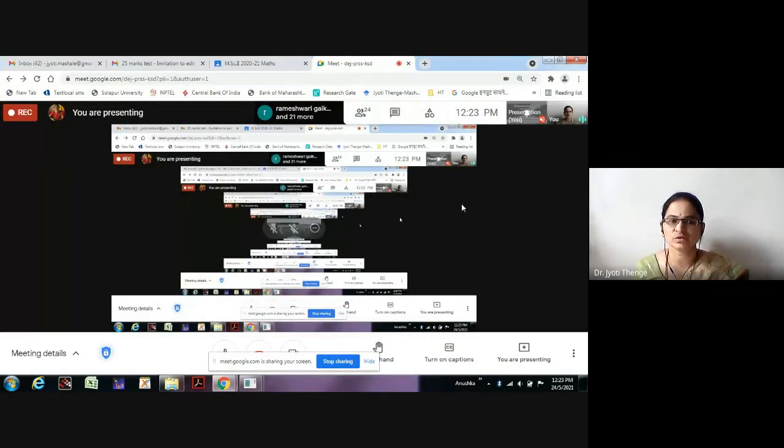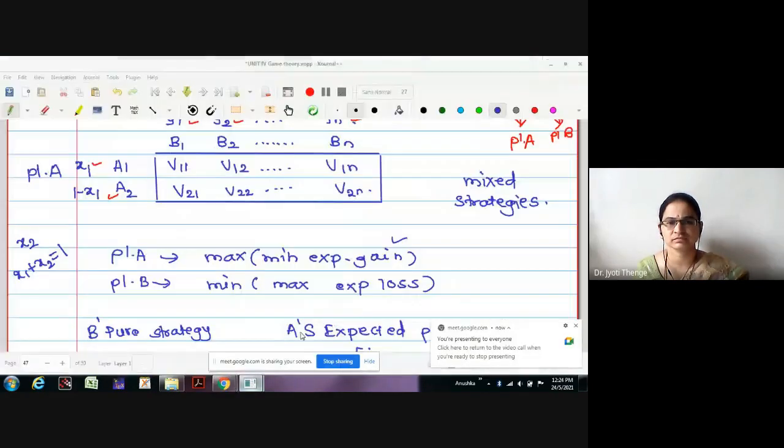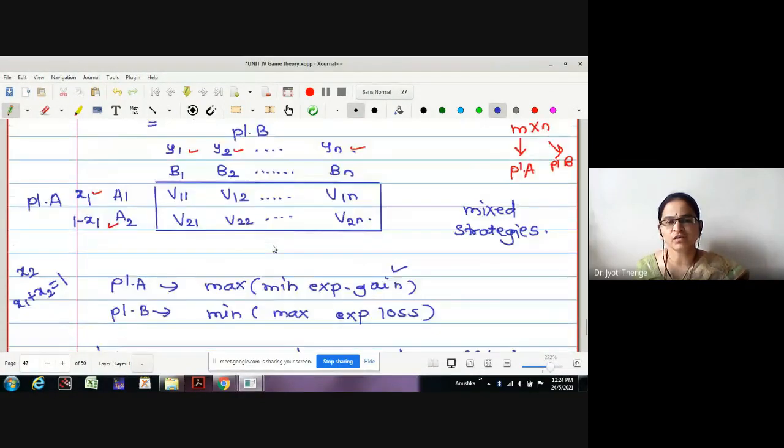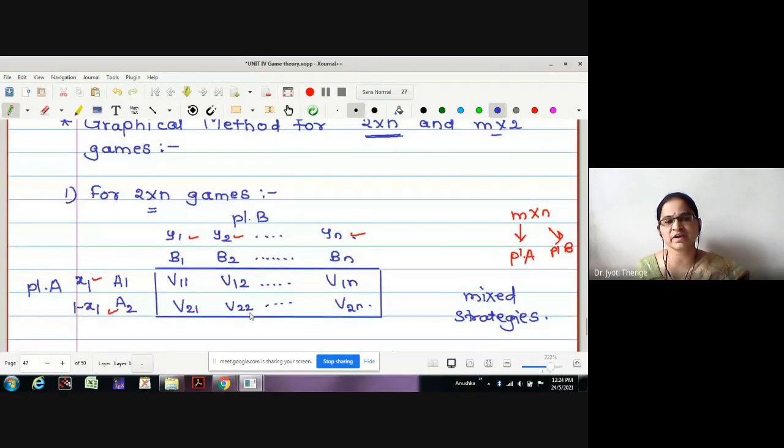No one has understood this idea. If you have not understood this concept of expected gain, then you cannot understand any of the methods. Please do remember this.